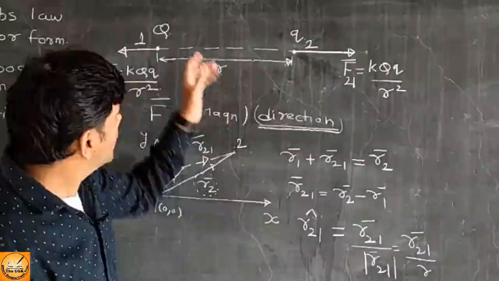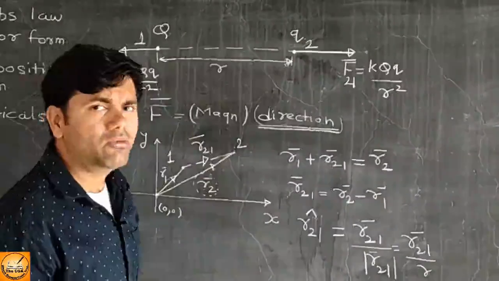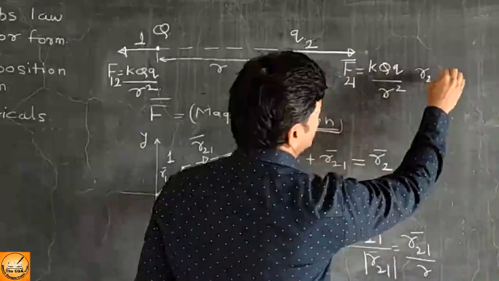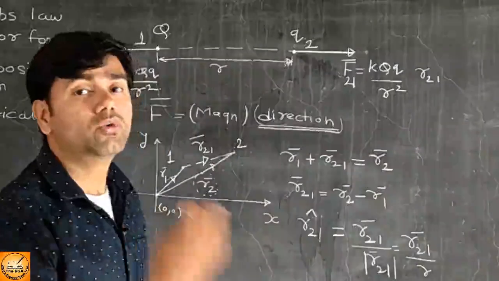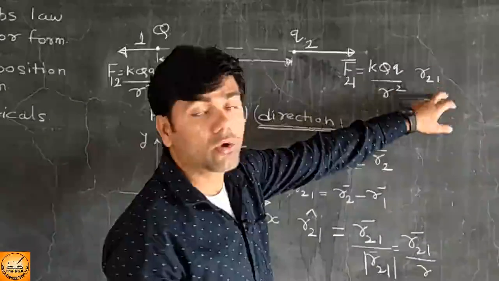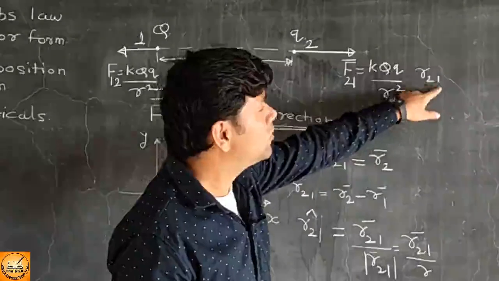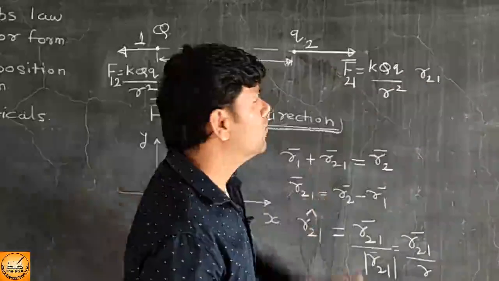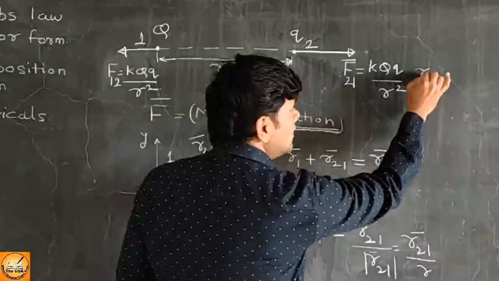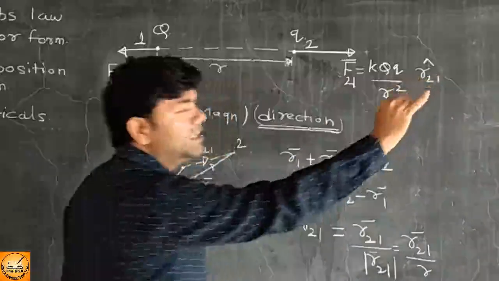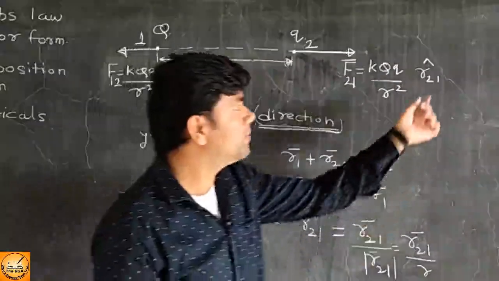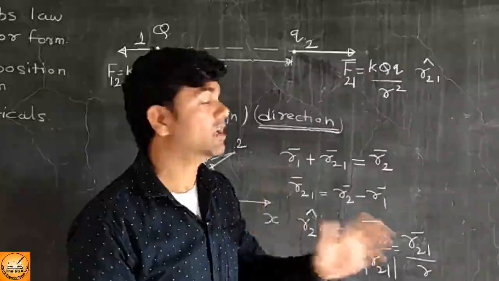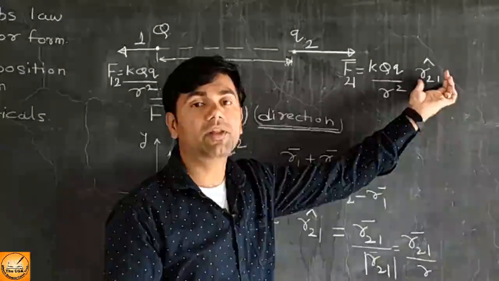So the unit vector from 1 towards 2 will be equal to R from 1 towards 2, or you can say up to 2 from 1, or with respect to 1, the position of 2 with respect to 1. So the vector we have to take should be a unit vector which is going to represent only the direction. The magnitude of force cannot be affected, only direction will be represented.